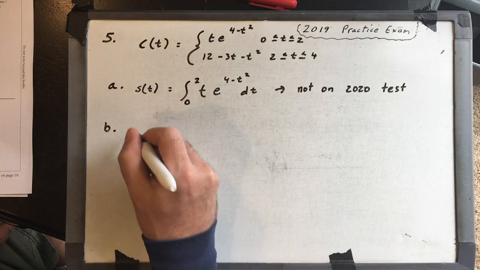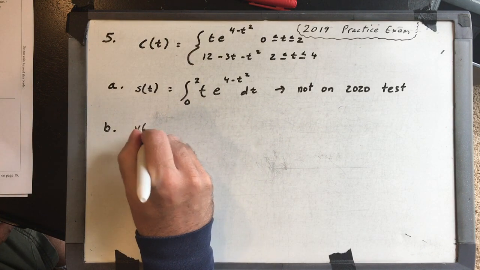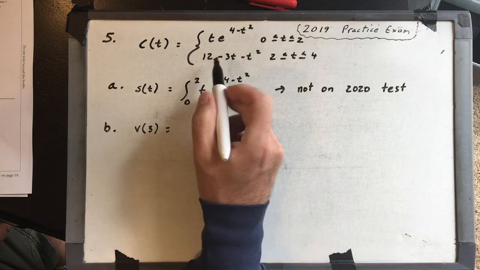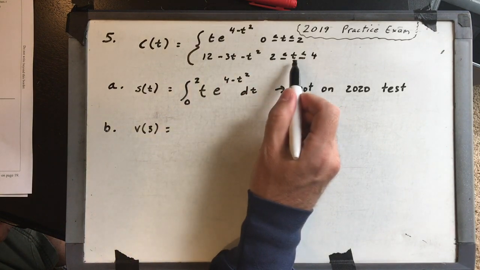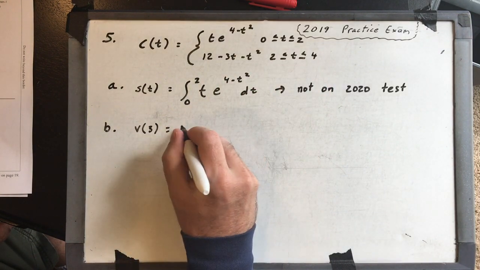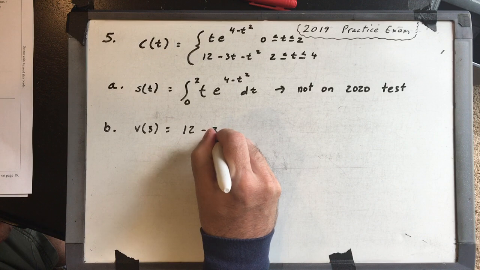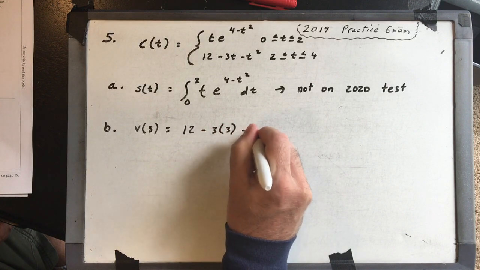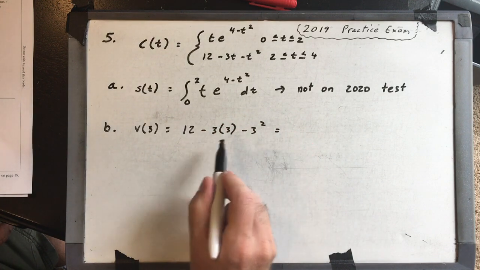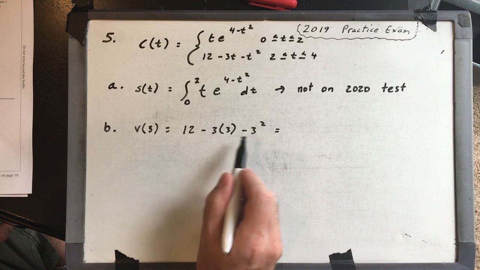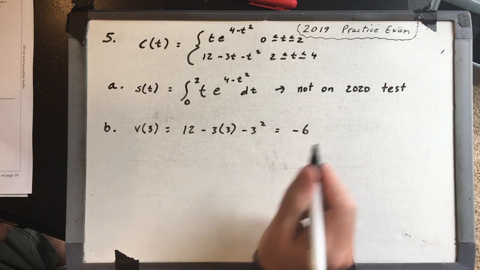We can get the velocity at 3 by plugging into the second equation, because that's where 3 lies. So it's 12 minus 3 times 3 minus 3 squared. That's 12 minus 9, which is 3, minus 9 again, negative 6.